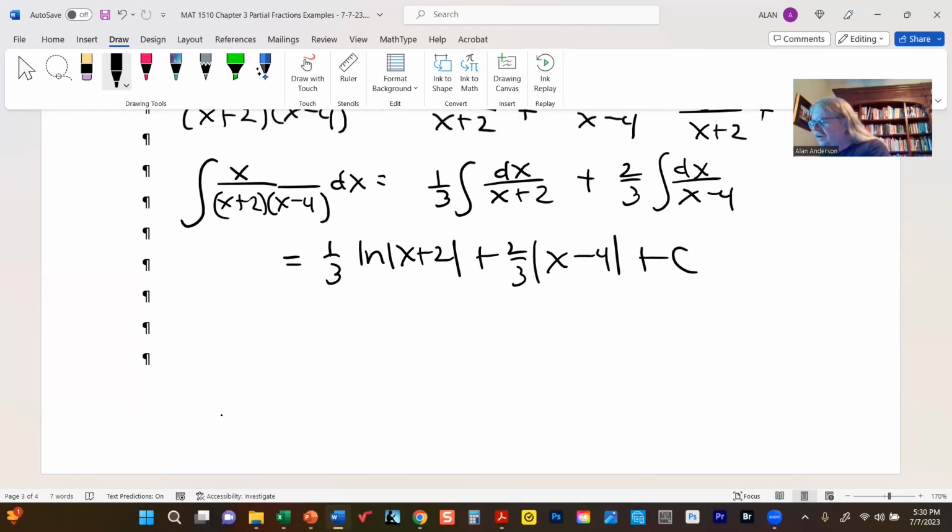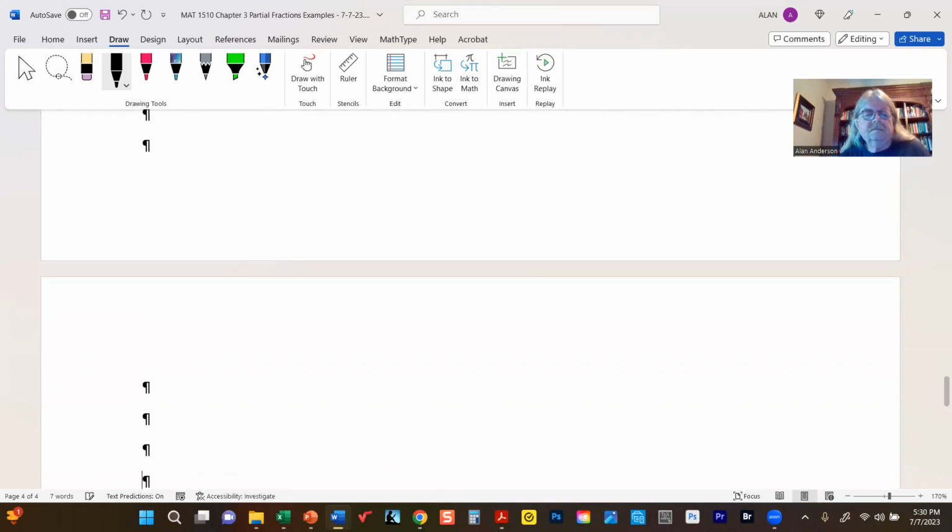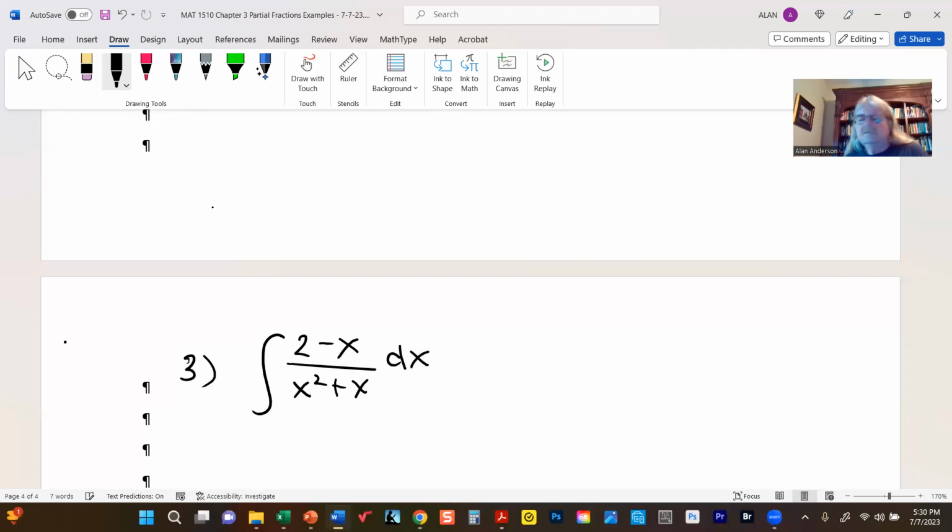All right, what else do we have here? Let's try this. Okay, so this one can be rewritten as 2 minus x.